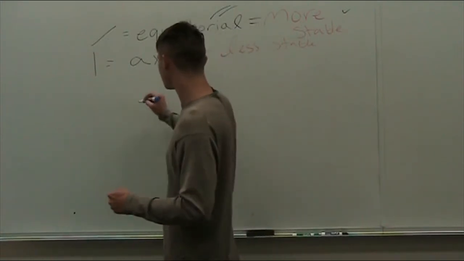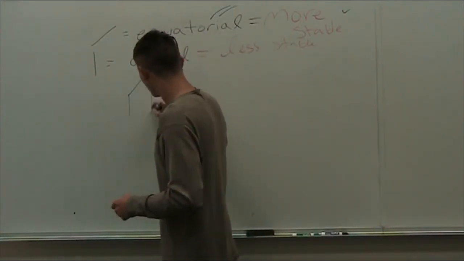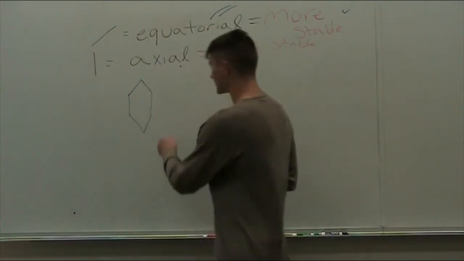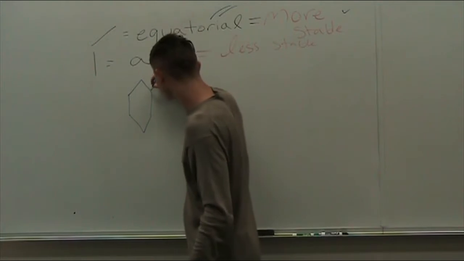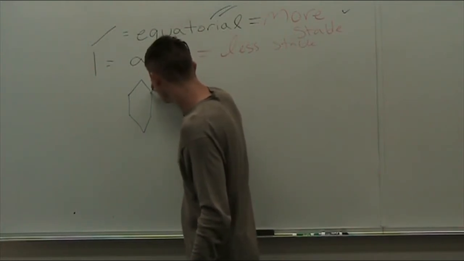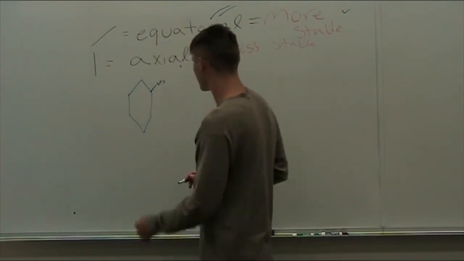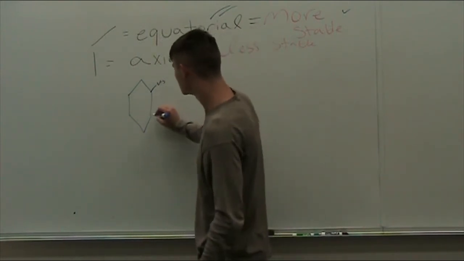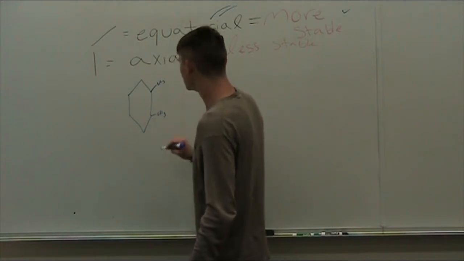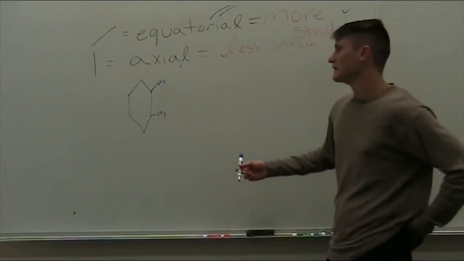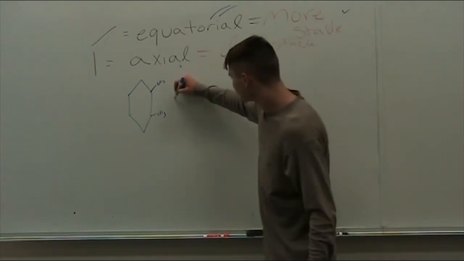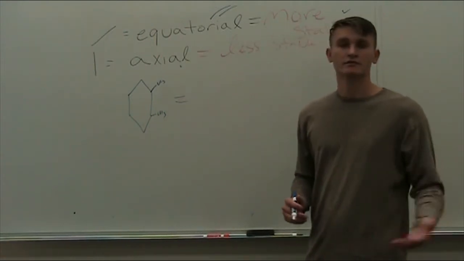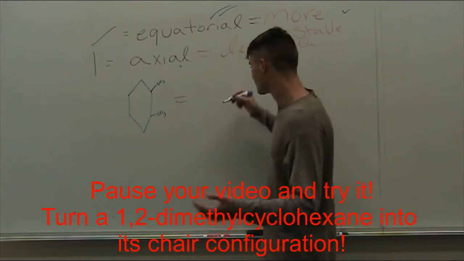So let's say we have our cyclohexane, and then let's put the methyl group, and let's put another methyl group. Okay, so here we have a cyclohexane, and in the test they're going to ask you, okay, change this into a chair formation.